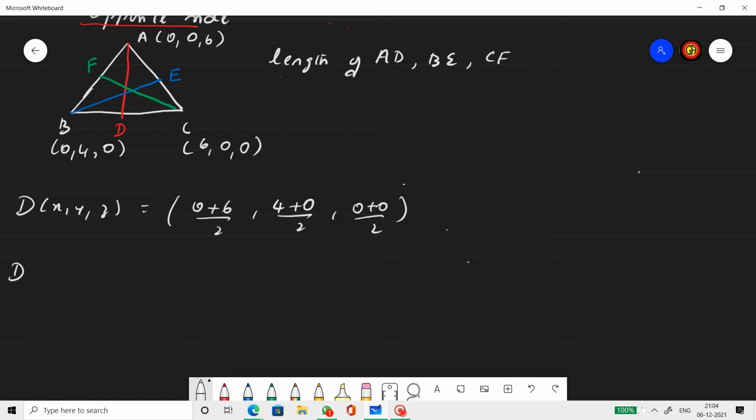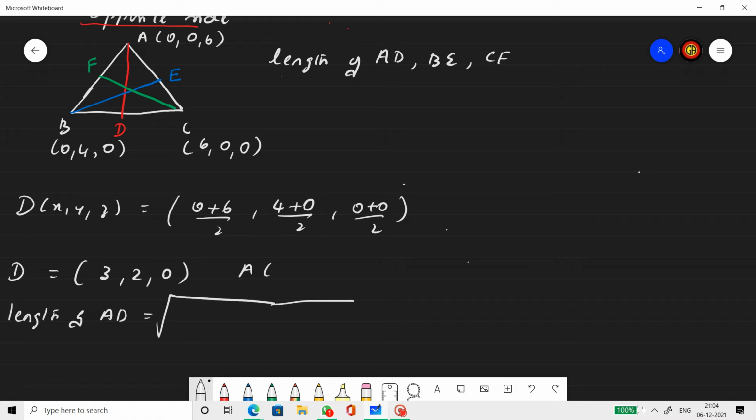So D's point will be (3, 2, 0). Now let's find the length of AD. Length of AD means the distance from A to D, which is root over... A's point we know as (0, 0, 6) and D's point is (3, 2, 0).